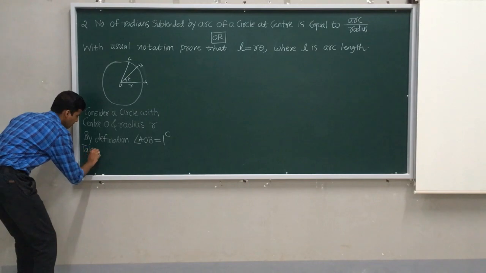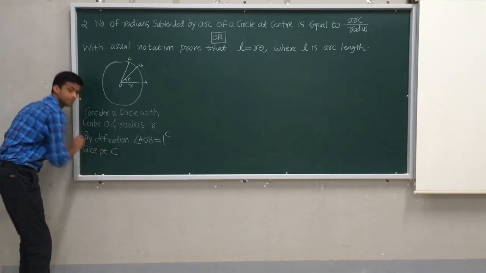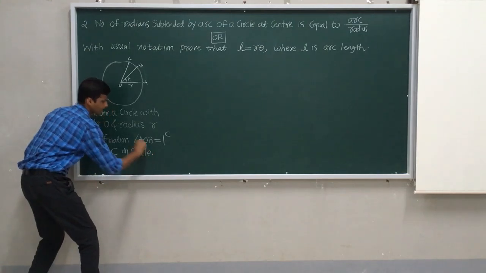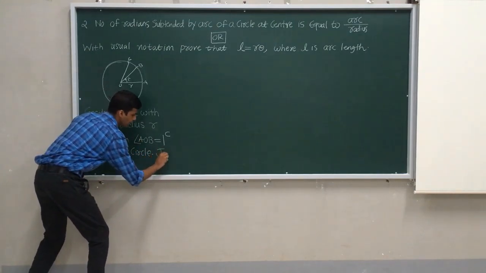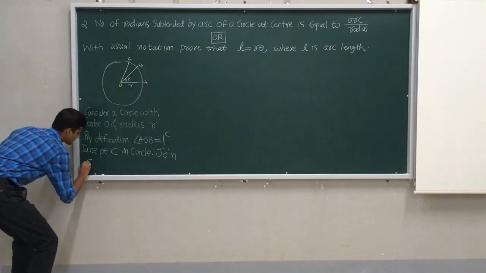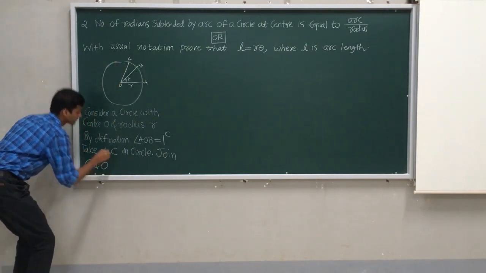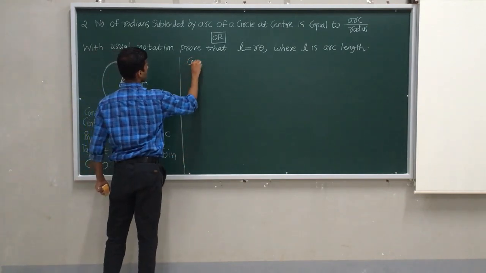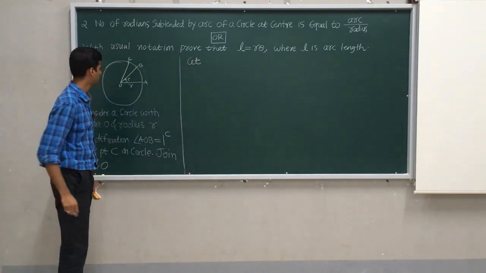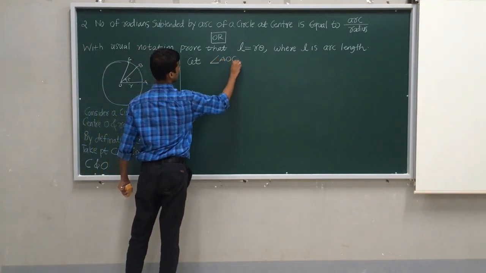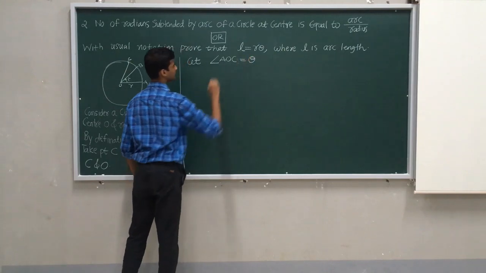Take point C on the circle. Join C and O. Let angle AOC be theta.